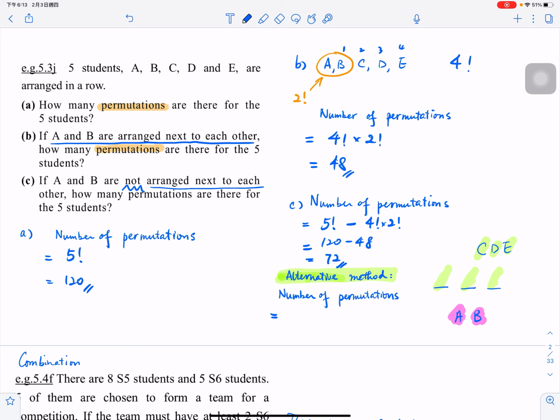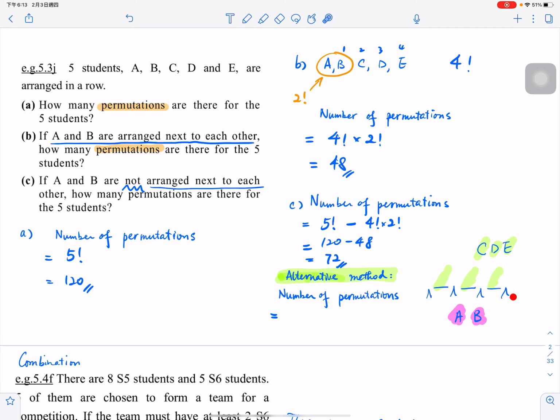And how about A and B? You found that A and B, maybe you can put it here, or here, or here, or here.